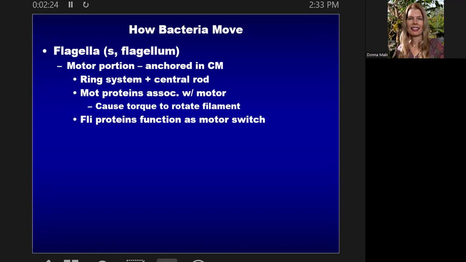And then there are these so-called Fli proteins that they call the motor switch. The Fli proteins switch the direction the filament is going to rotate, clockwise or counterclockwise.